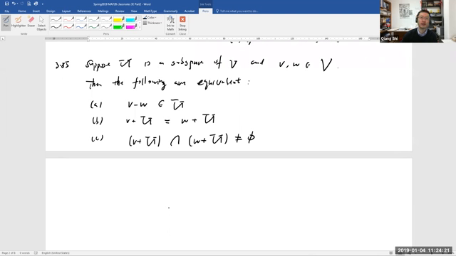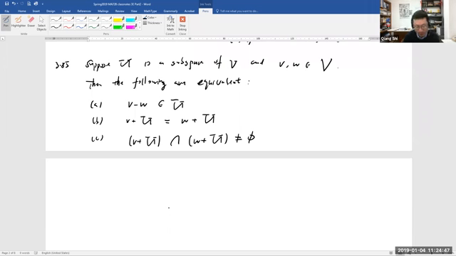Maybe like A implies B, B implies C, C implies D, D implies E, E implies A. So you go through the loop. The order of the loop does not matter, you're just trying to make sure that everything is covered. If you have A, B, C, D, E, you can also start with A implies C, and then C implies B, and B implies D, D implies E, E implies A. That's also fine, but you want everything in that loop.